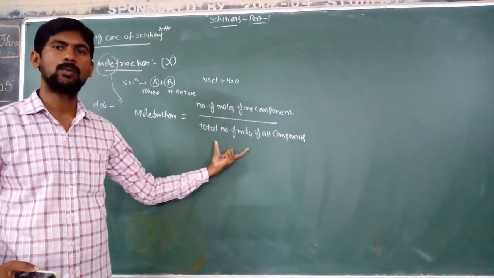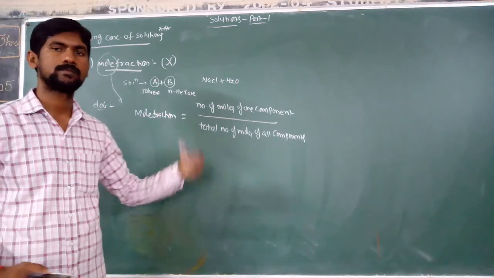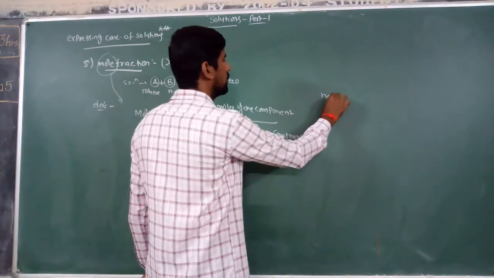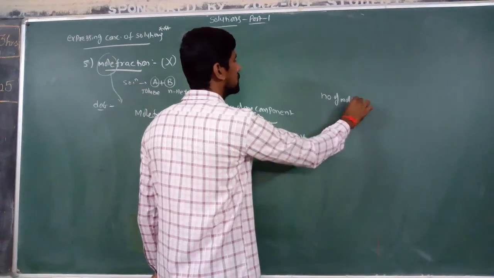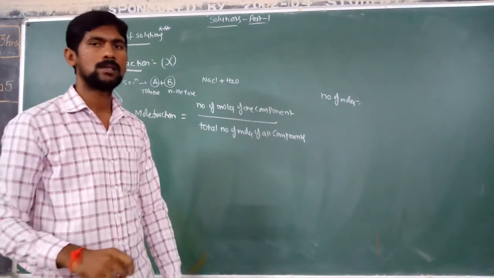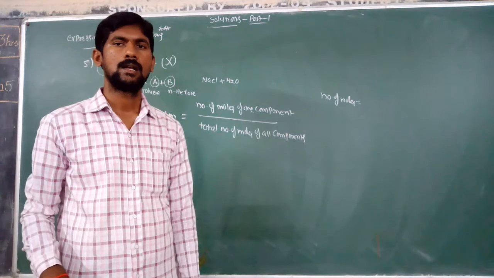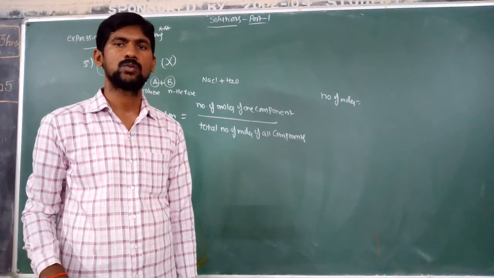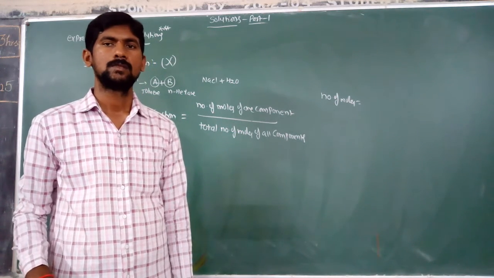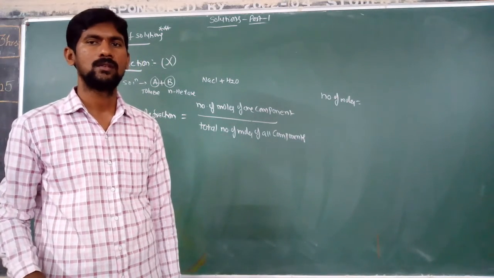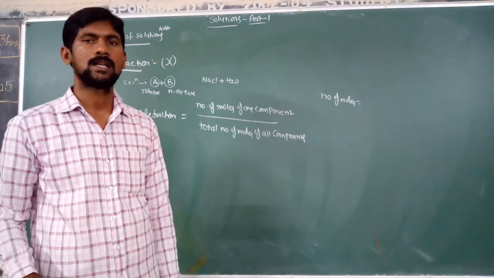You know that, how do you calculate number of moles? What is the formula for calculation of number of moles? Already you studied in stoichiometry lesson, first year. Number of moles is the ratio of weight of substance to gram molecular weight.